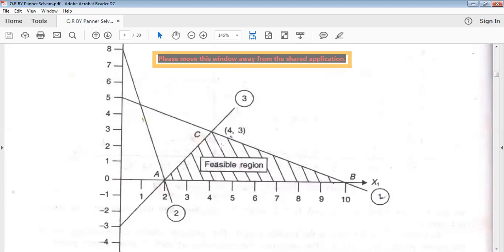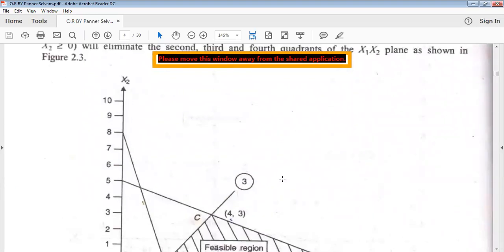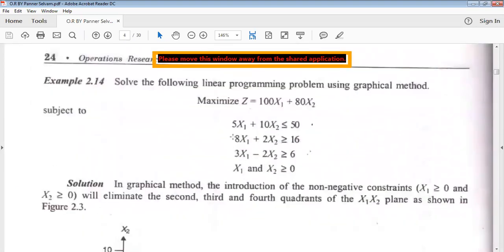So this line corresponds to equation 1. You see this particular line, equation 1, after marking the points: equation 1, equation 2, equation 3. If you check equation 1, I told you, if x2 is equal to 0, x1 is equal to how much? 10.